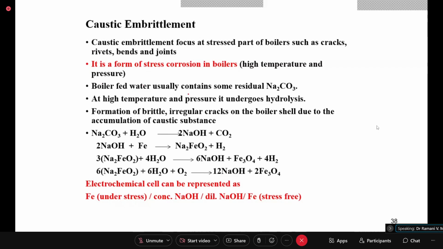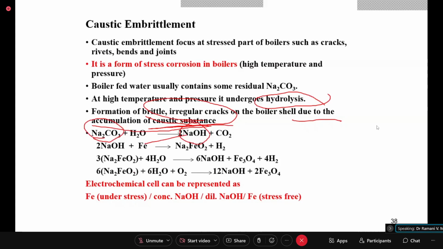Boiler feed water usually contains some residual sodium carbonate. At high temperature and pressure, it undergoes hydrolysis, okay, and formation of brittle irregular cracks on the boiler shell happens due to the accumulation of caustic substance. If there is sodium carbonate in water, then we know sodium hydroxide will form.